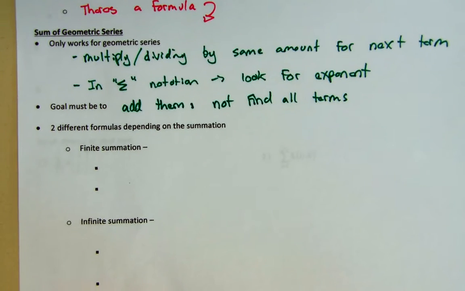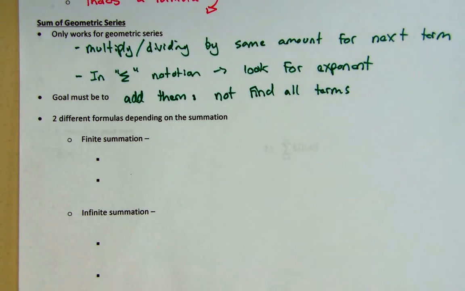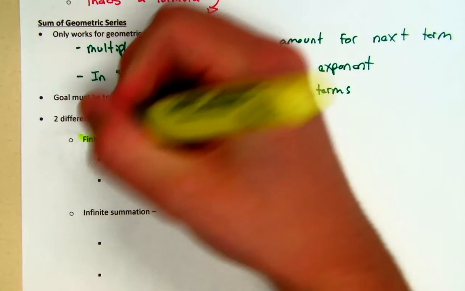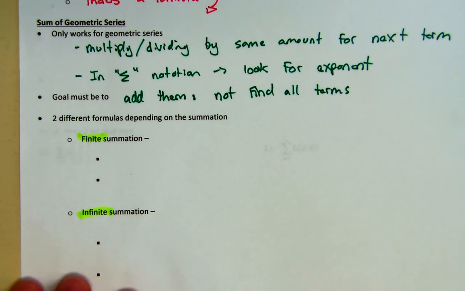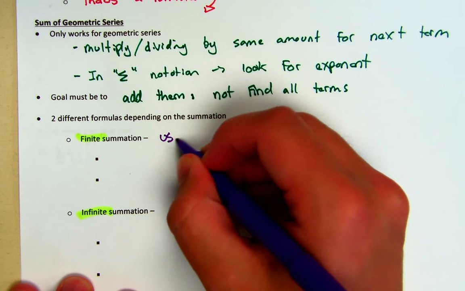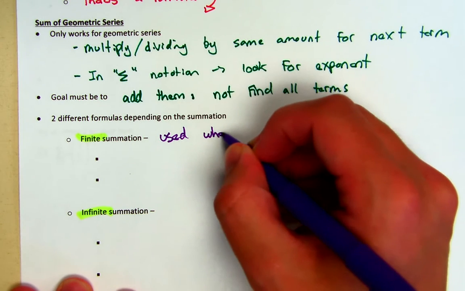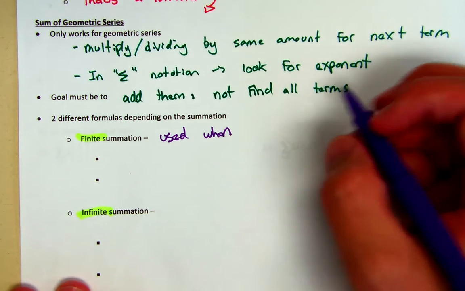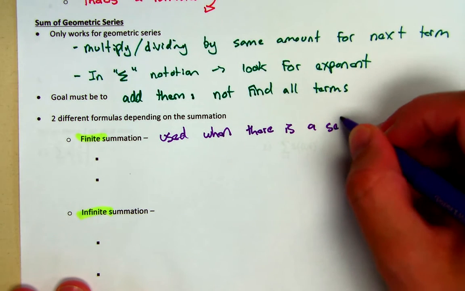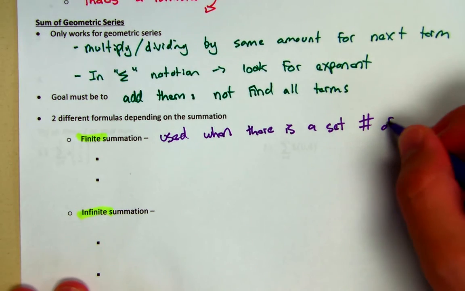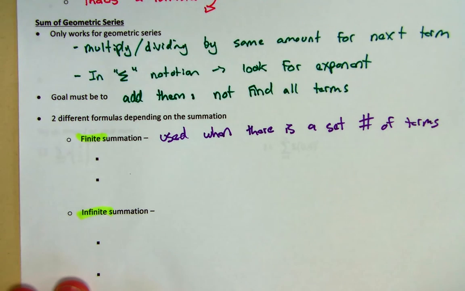We have infinite and we have finite. A finite is used when there is a set number of terms. So basically when there's a beginning and an ending.